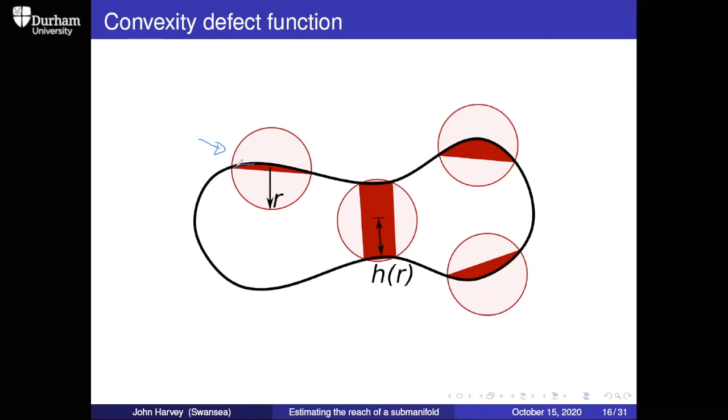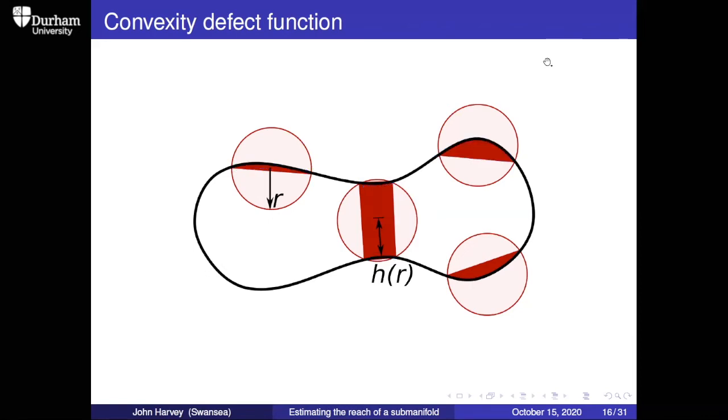Sigma looks pretty flat, so its convex hull is quite small. Over here, sigma is very curved, so it's got quite a big convex hull. And over here, sigma has jumped a bottleneck. It belongs to 2 different components, creating this massive convex hull of sigma there.